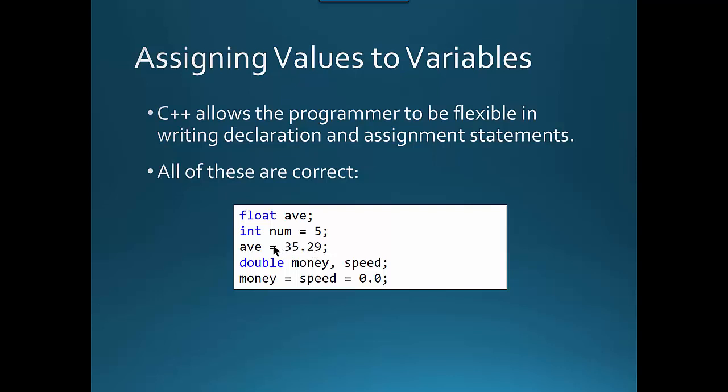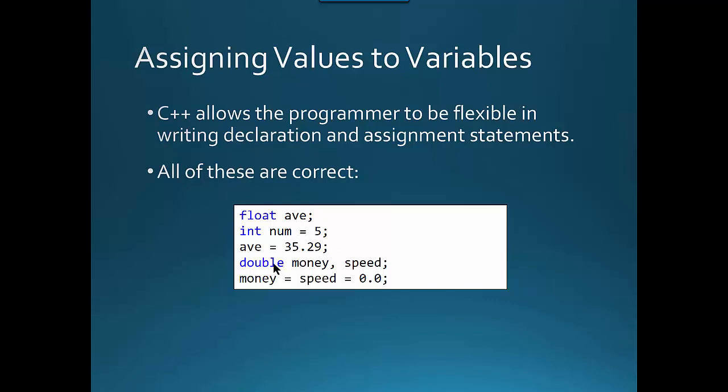But really, the equal sign, I'm going to ask you to think of it as assigned into. So in this instance, we declared a floating variable, and later on, we assigned 35.29 into the variable ave. You can also declare the variable and assign a value into it all in one line. So both approaches are valid.